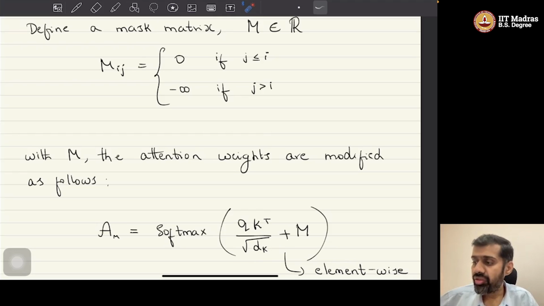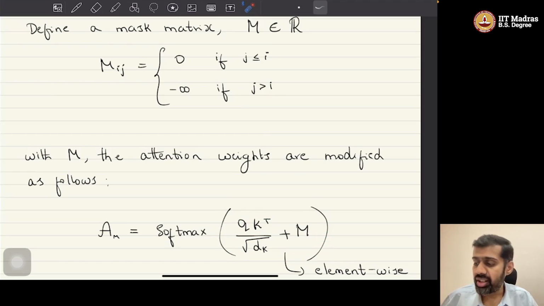Whenever we are looking at the past, it is doing nothing, because it is 0; it just retains QK transpose. But wherever j is greater than i, that is, the future, it adds a large negative number to QK transpose.